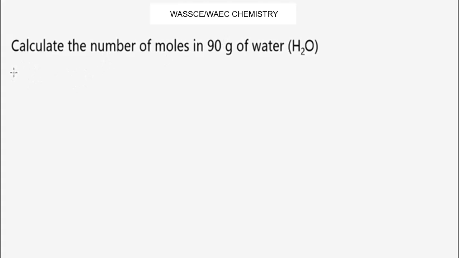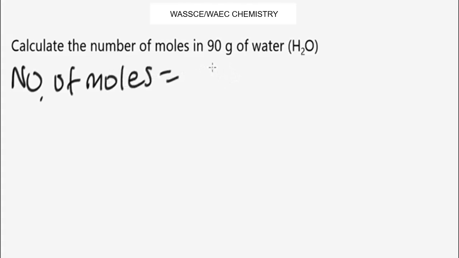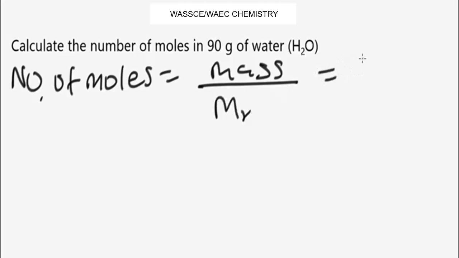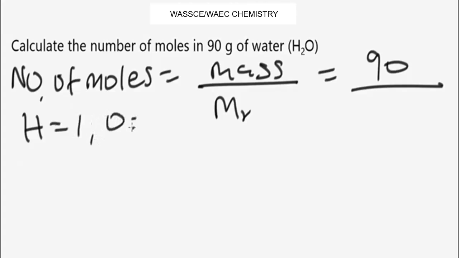The formula is number of moles equals mass of the substance over relative formula mass of the substance, or molar mass. The mass is 90 over the relative formula mass of water. Let's say we are given the relative atomic mass of hydrogen to be 1 and that of oxygen to be 16. We add all the relative atomic masses of the atoms of this compound, water.